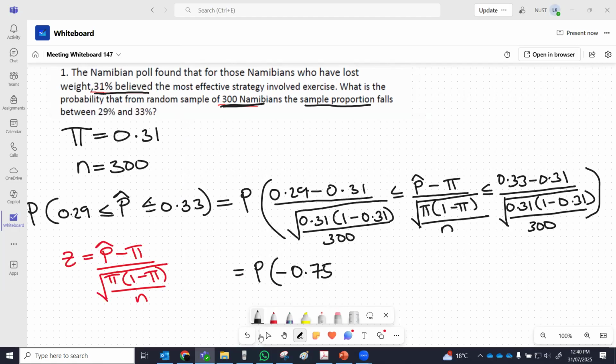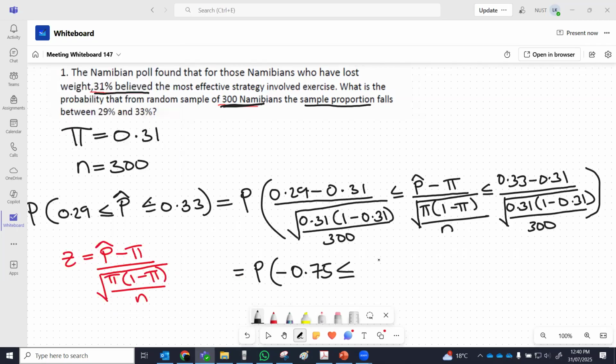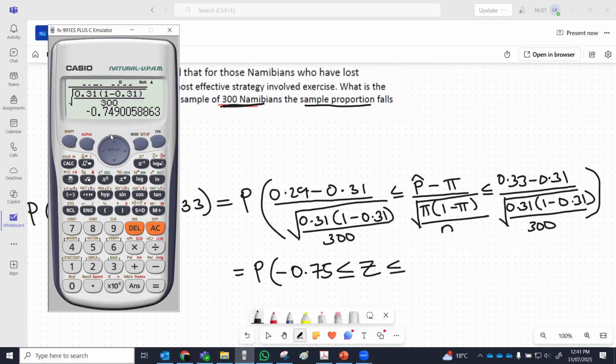Even though here it has more decimal places, the reason why I only rounded off to 2 decimal places is because the table only gives 2 decimal places. And then this one here, this is our transformation. So here we have Z, and then over here, we work it out on our calculators.